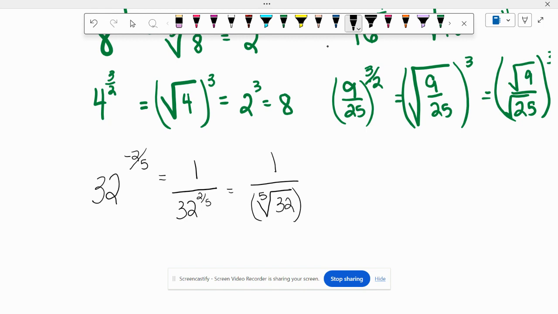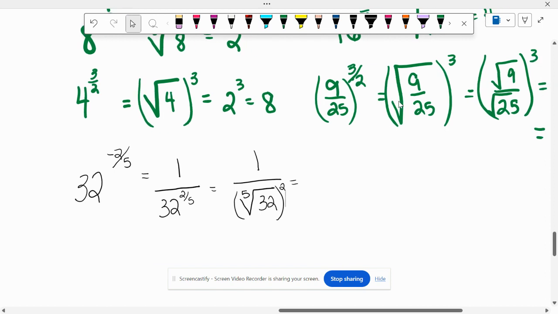And then whatever that answer is, I'm going to square it. So the 5th root of 32, calculators, pick them up. Press the number 5. And then math 5, and input the number 32.